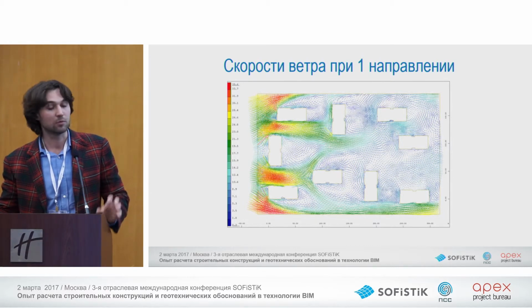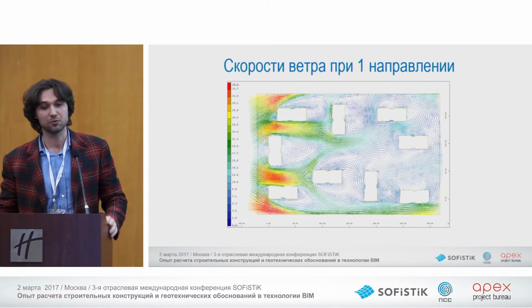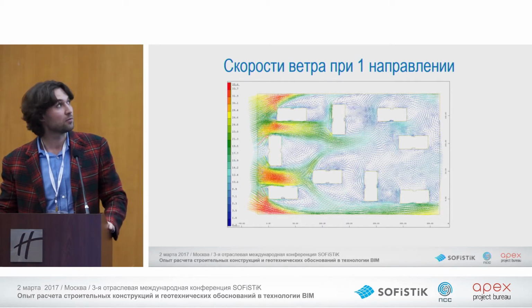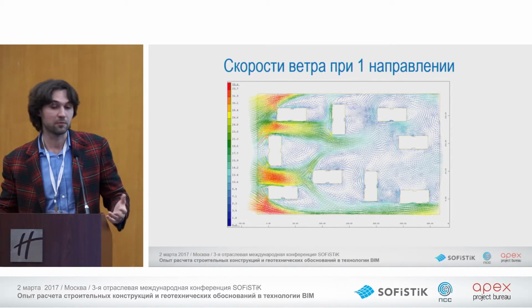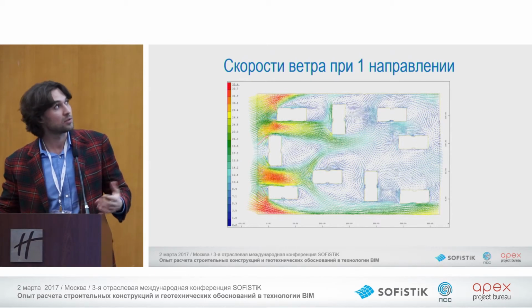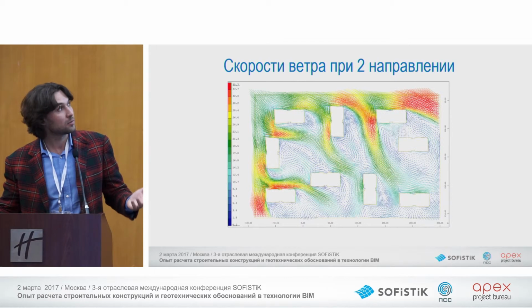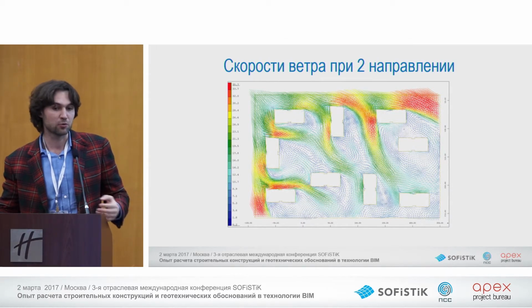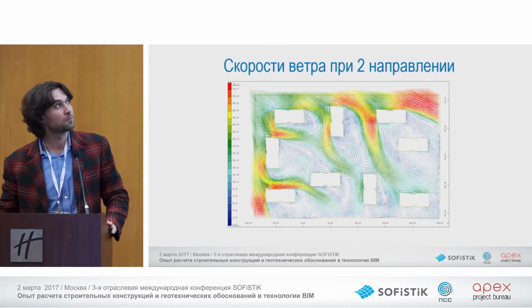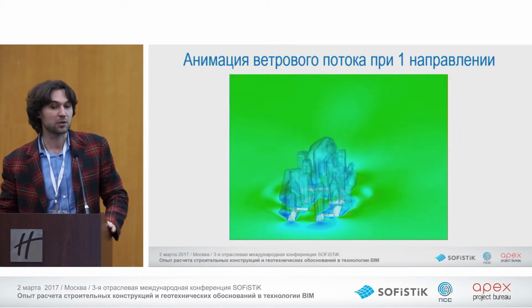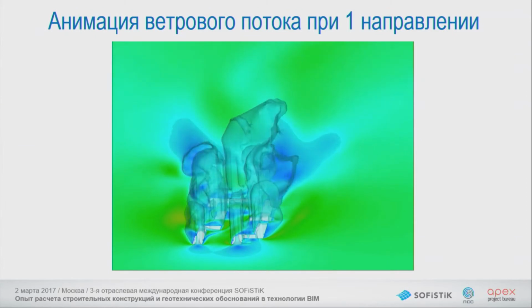And here you see calculation with wind from the left. Here we visualize the speeds. So it's not ISO fields, ISO lines. At 145 degrees, you see that the system reacts to changing the approach angle of the wind.